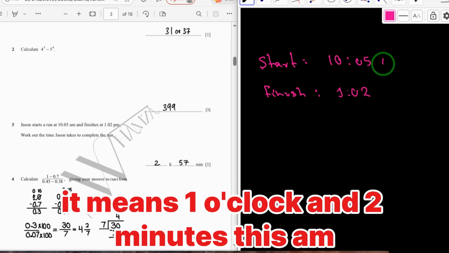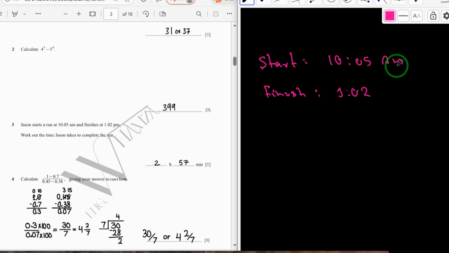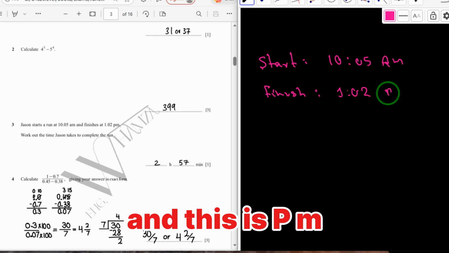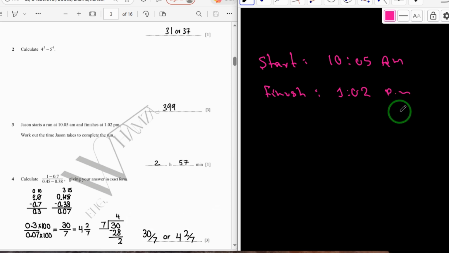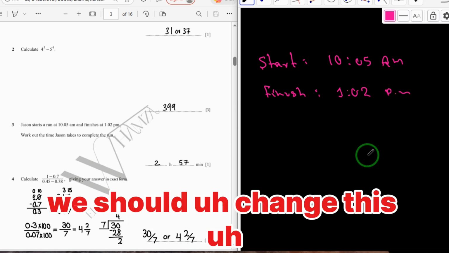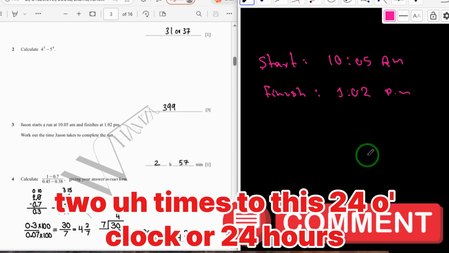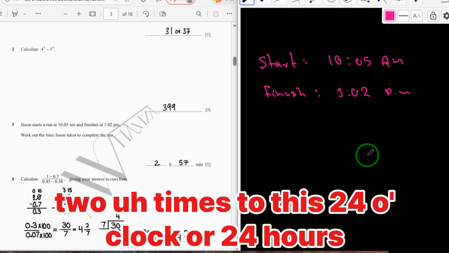This is a.m. and this is p.m. We should change these times to the 24-hour clock.